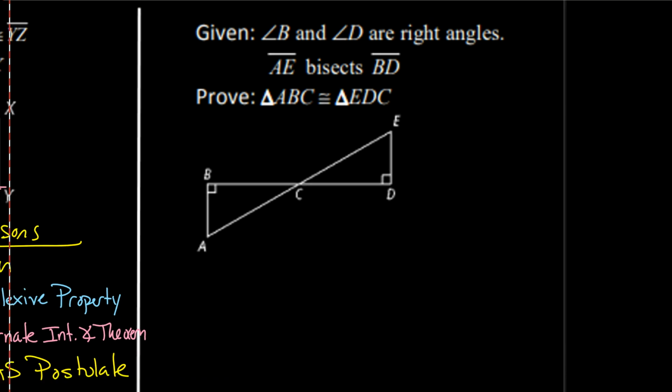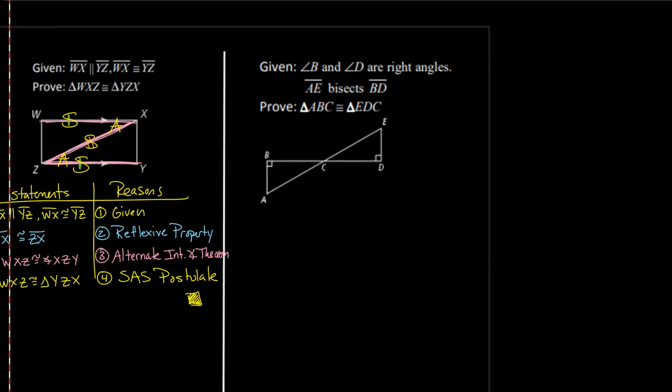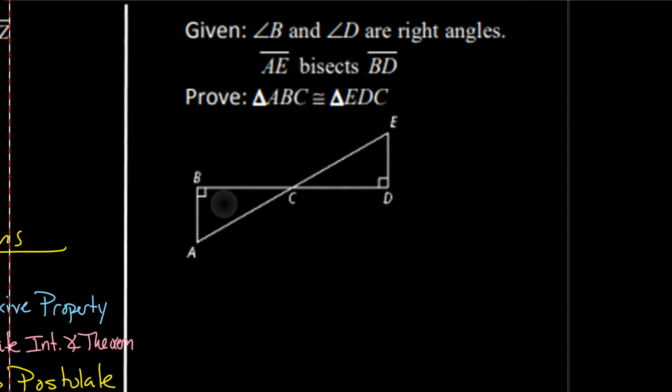So this last problem is along the same lines as the previous, just a few more steps. Angle B and angle D are right angles, and AE bisects BD. Before we get into this proof, I want to point out we need to know parts are congruent in order to prove that the entire triangles are congruent, right?